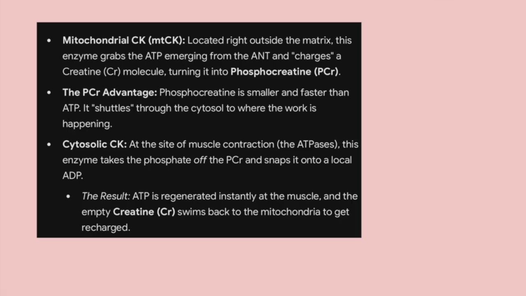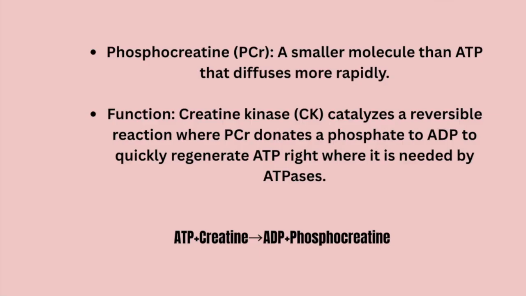As I told you guys, we have a molecule called phosphocreatine. What happens from the creatine molecule itself? It's going to go to the matrix, take the phosphate, go outside, and give it to the cells, because all of the cells have ATP in them.